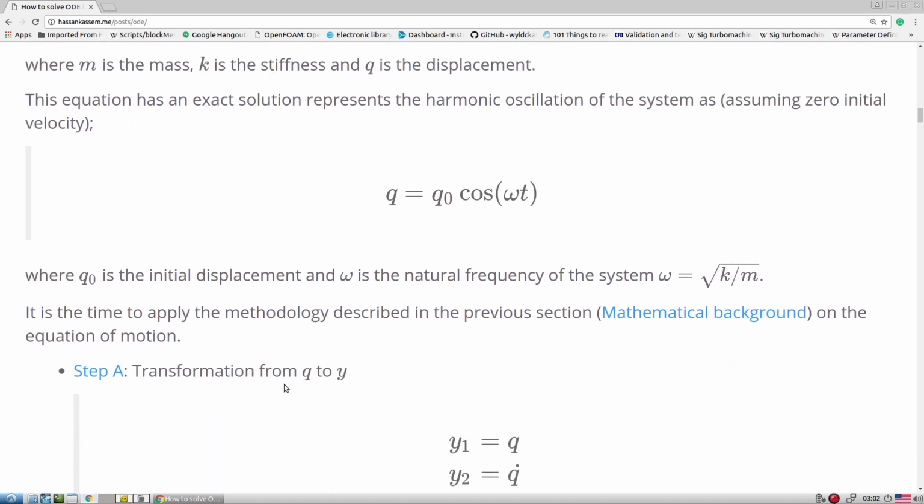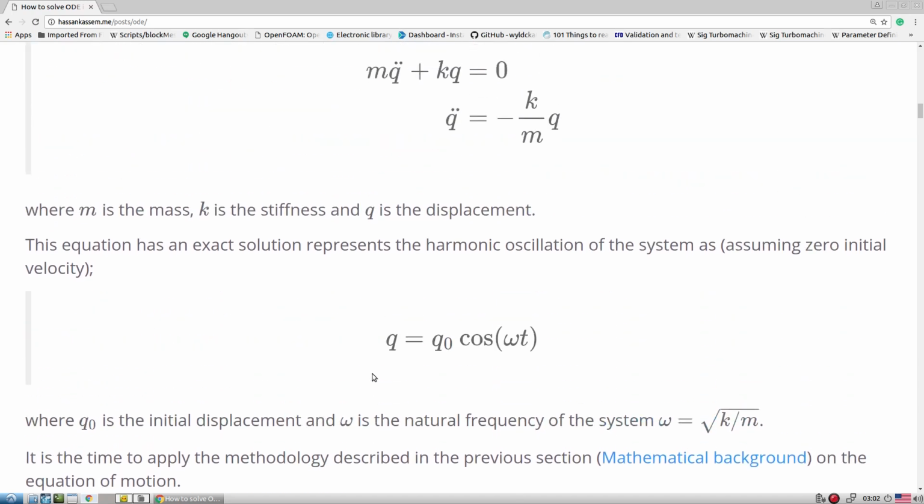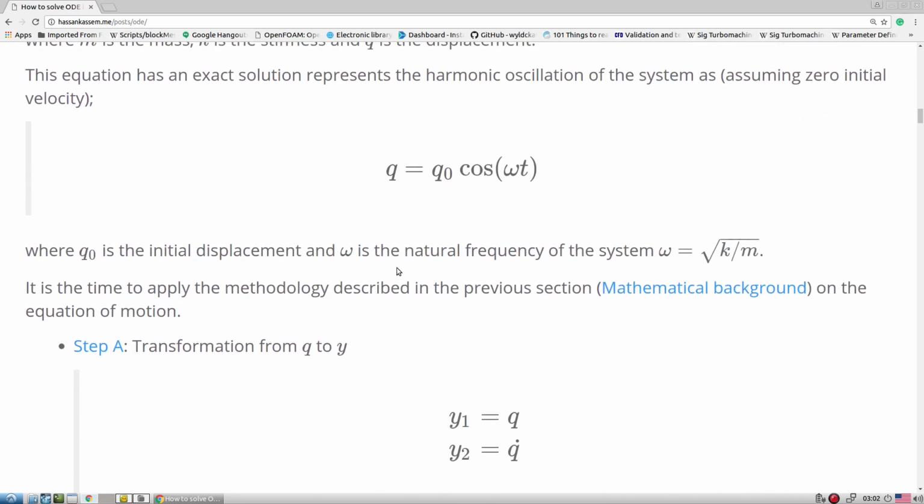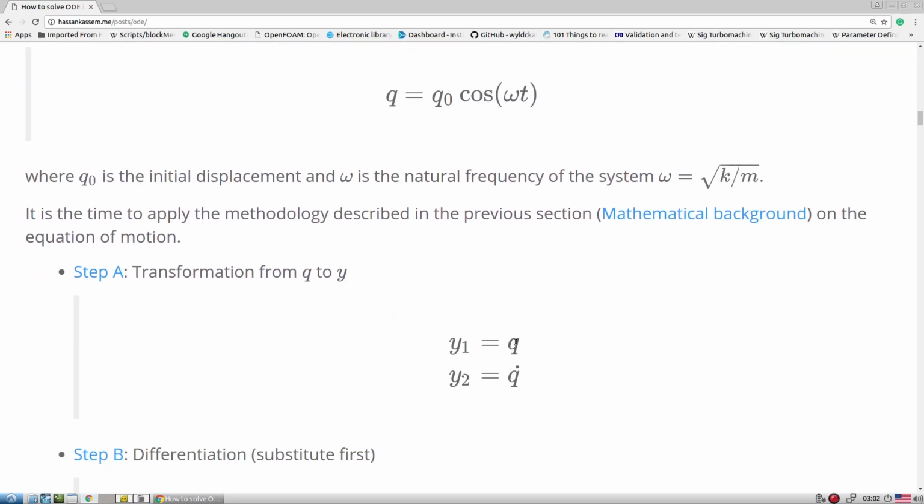Now, first step, transform q to y. That means we first transform this q in terms of y. So y1 equal to q, and y2 equal to q dot.